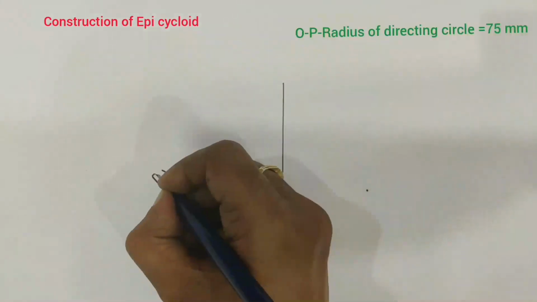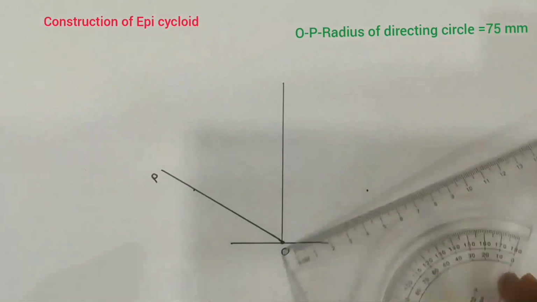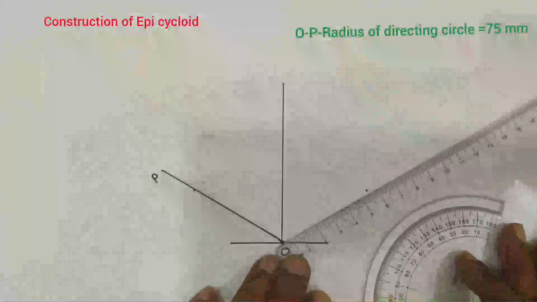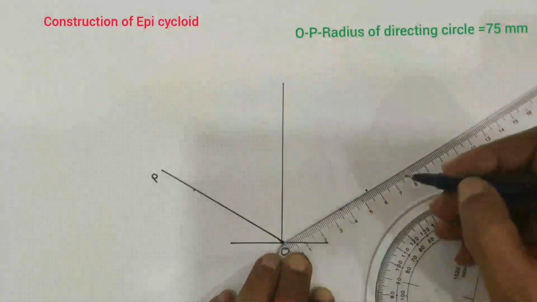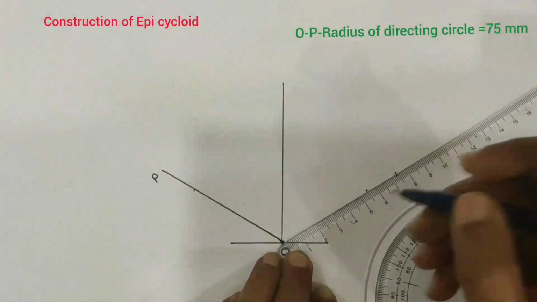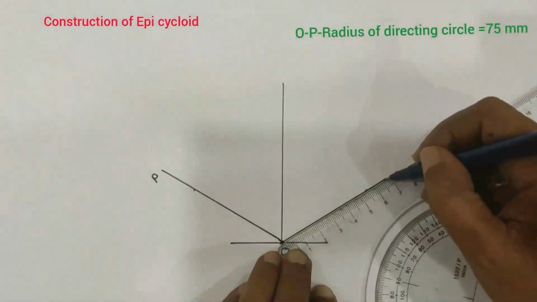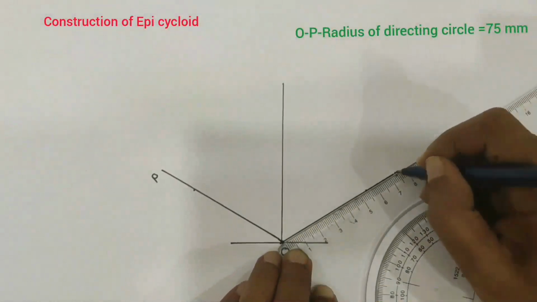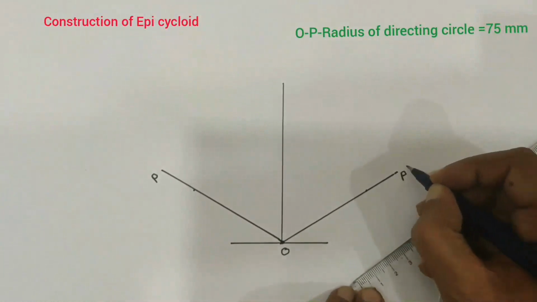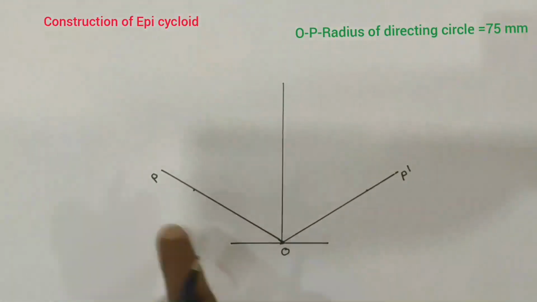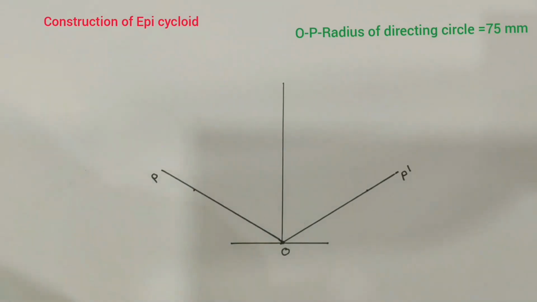And locate a point P. Say P dash, that is OP is the radius of the directing circle, then extend OP.